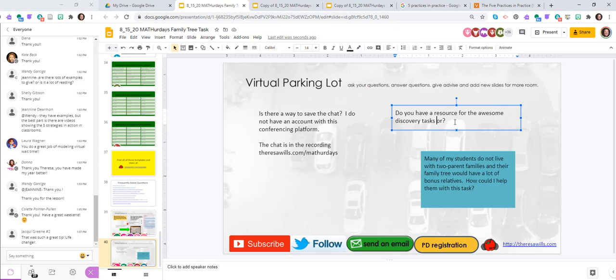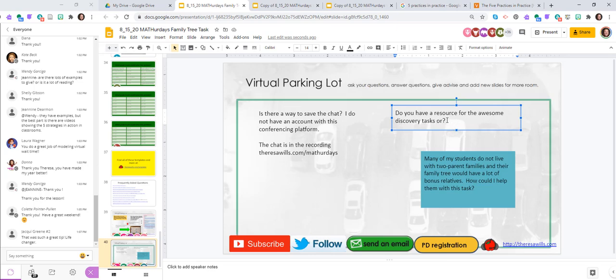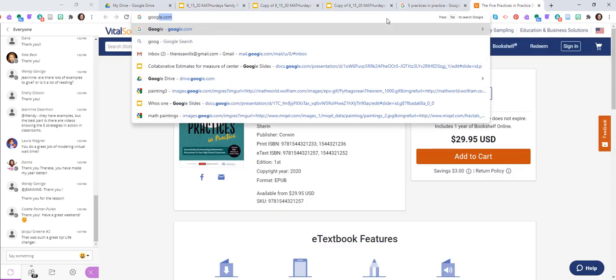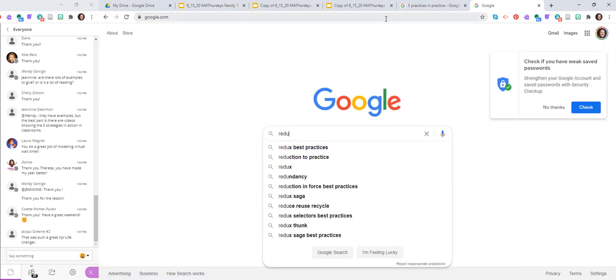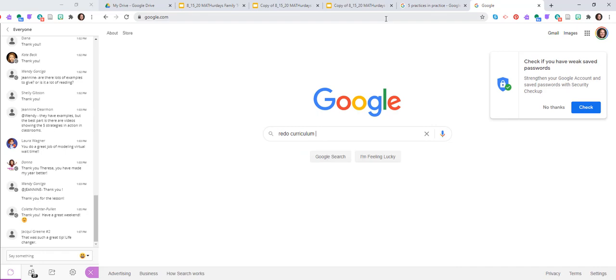Do you have a resource for the awesome discovery tasks or questions? I get a lot of these tasks from other places, but I've also learned to just strip down tasks. And Dan Meyer does a really nice talk on how to strip out information on tasks. Let me get the link for you. It's called something like Redo Curriculum.